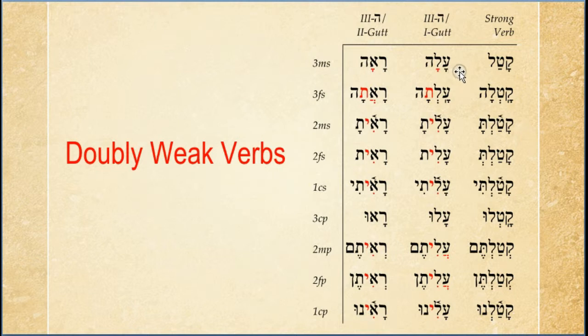Because they're doubly weak, it's the first position guttural, second position guttural. So you have the verbs ala and ra'ah.